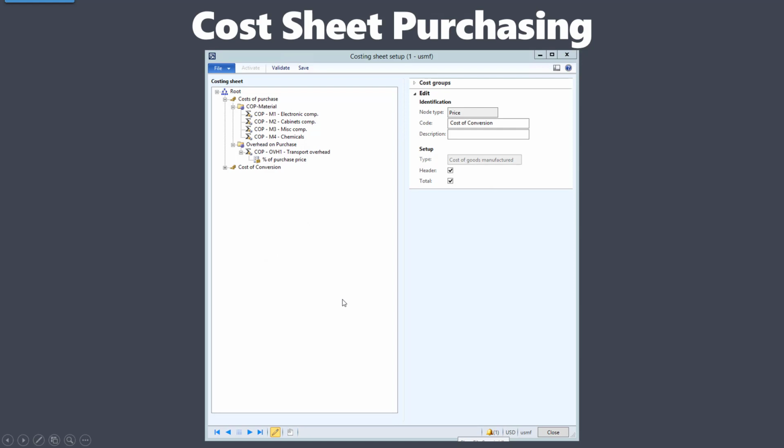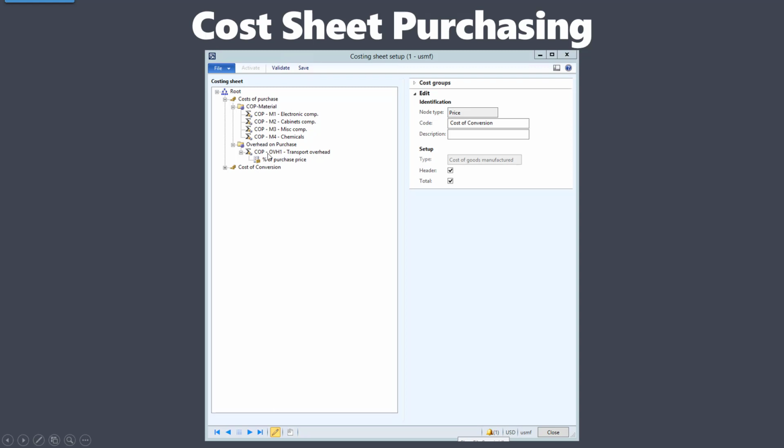So here's an example of a costing sheet for purchasing. What you're seeing here is the setup for the costing sheet in purchasing. So it's got to, at the root, add a cost of purchase element if you don't have it. All I'm doing here is subdividing my materials so that when I look at this in a costing process, I can identify the type of materials.